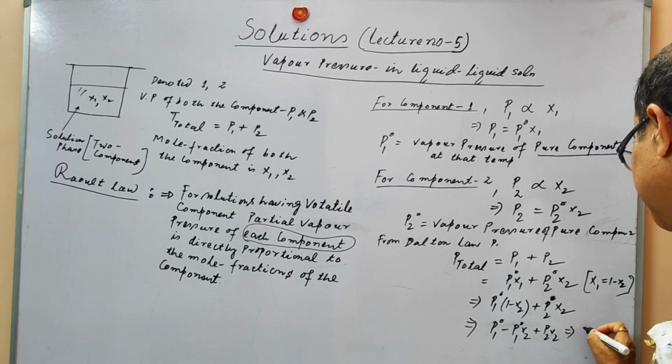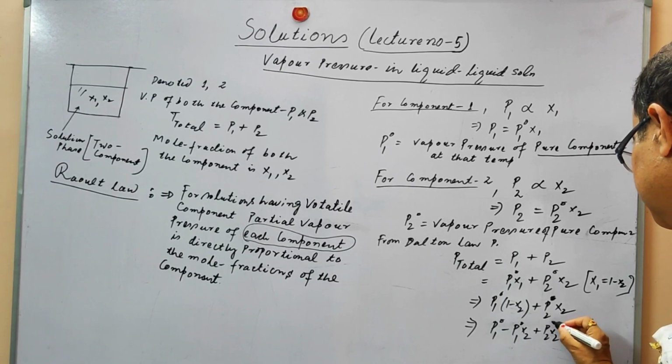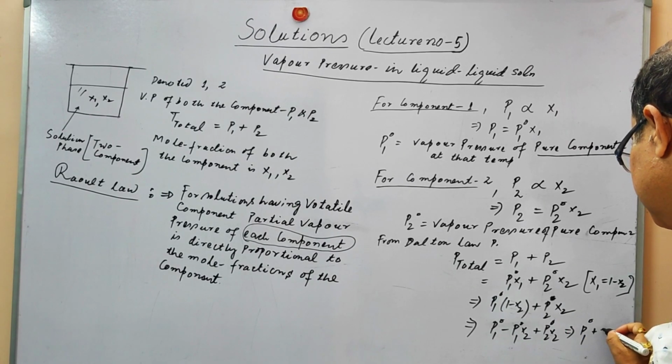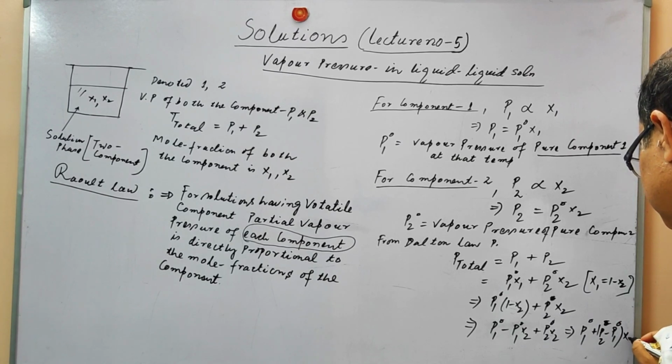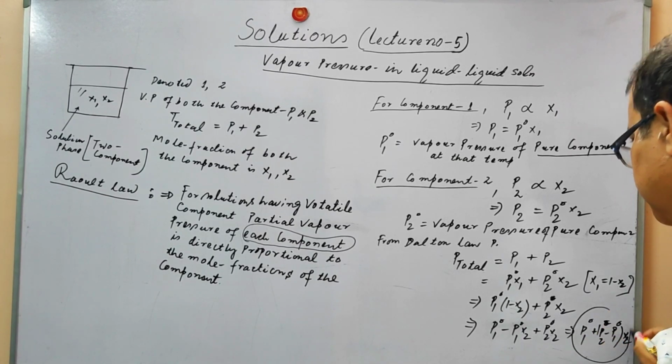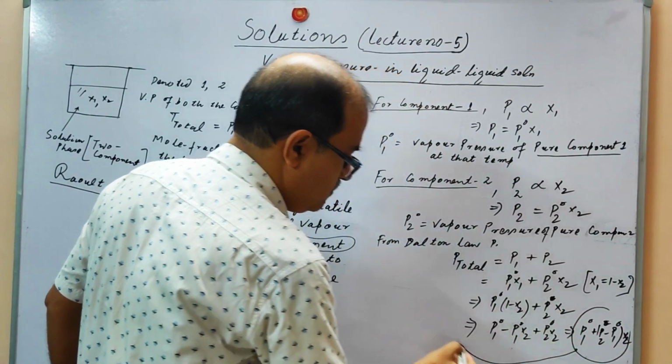So you can further write P1° plus (P2° minus P1°) into x2. This is the relationship that we get.